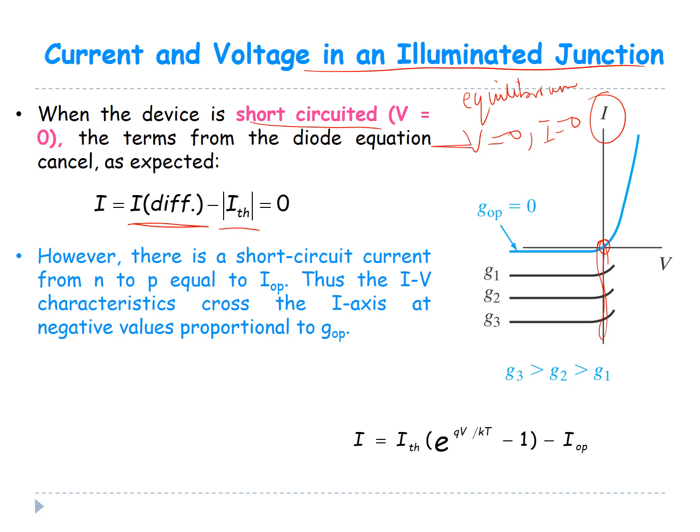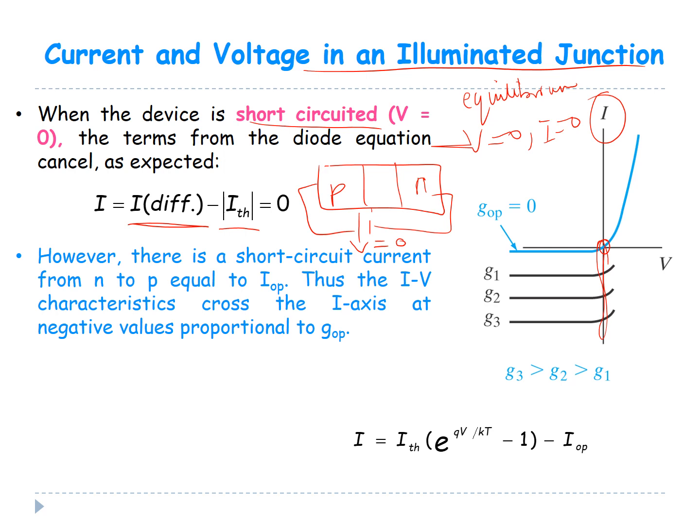The diffusion current equals the generation current. So the two cancel each other, and the total current is equal to 0. So what we are talking about here is when we've got our PN junction and you short circuit your device. In this case the applied voltage is 0, but you've got a complete circuit.